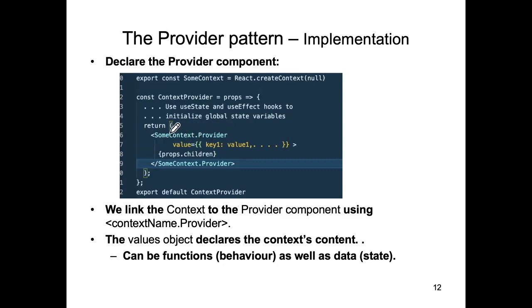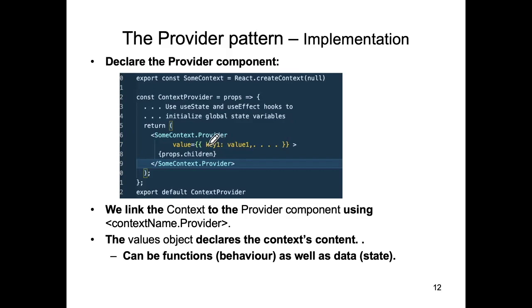This is a prop that I'm passing to Context.Provider, and I'm assigning an object to it with key value pairs. So the key value pairs here are determining what is stored in my context construct.